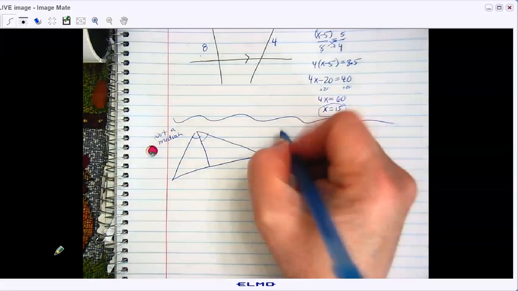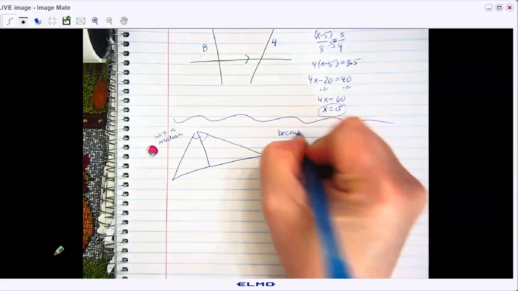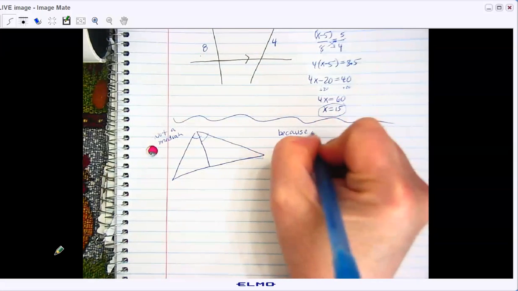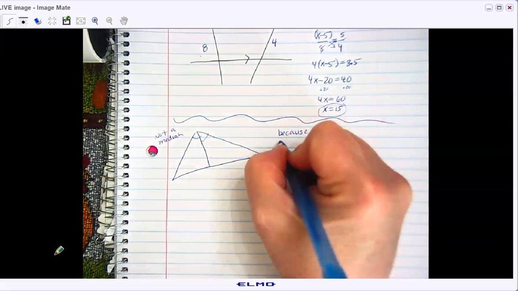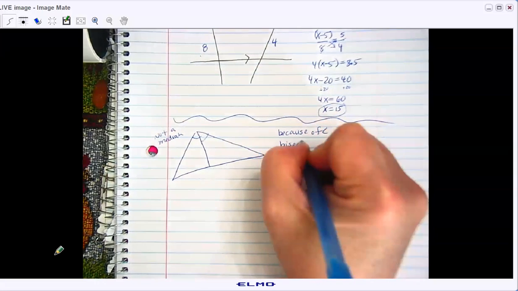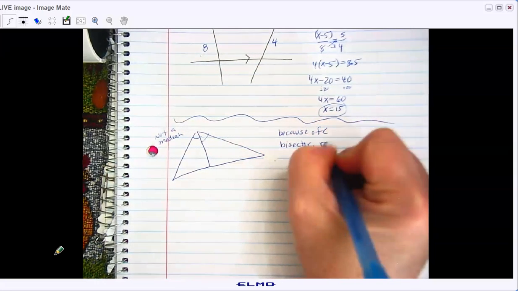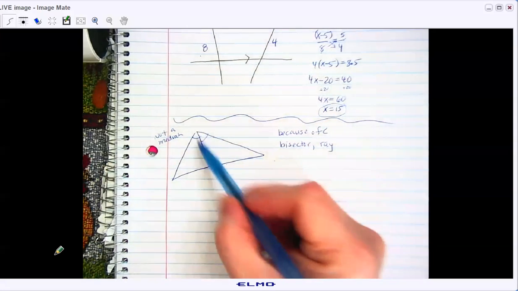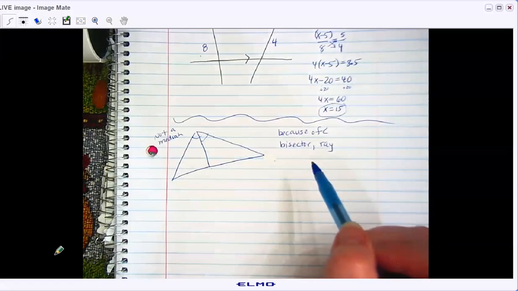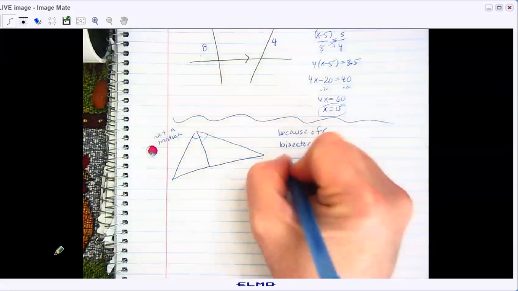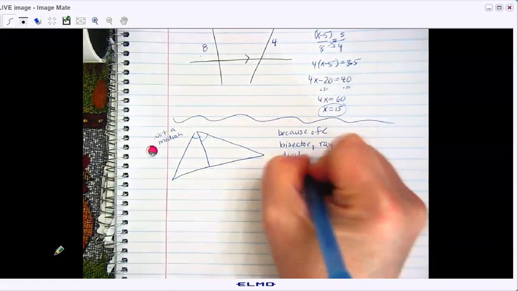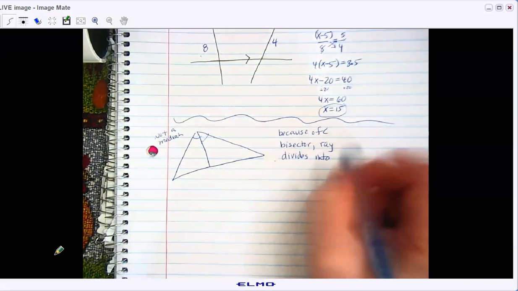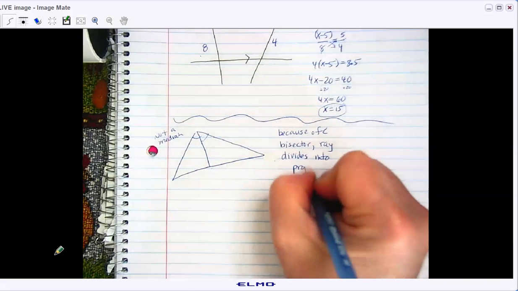But because of the angle bisector, the ray, remember a ray, the thing that divides the angle, divides the sides into proportions.